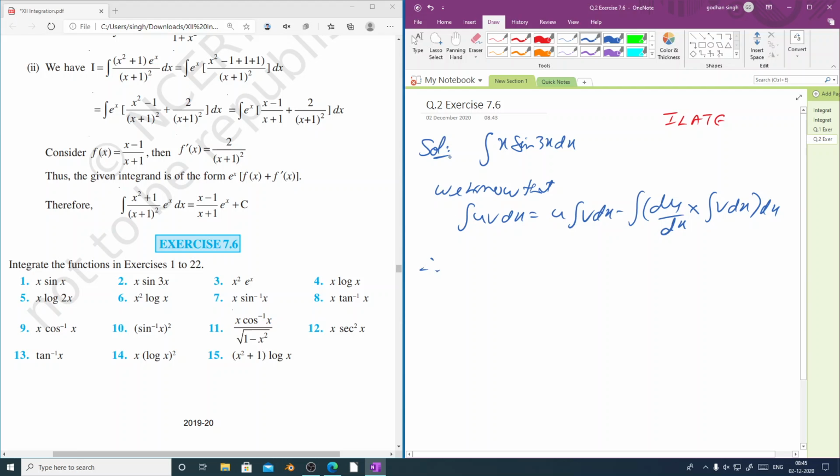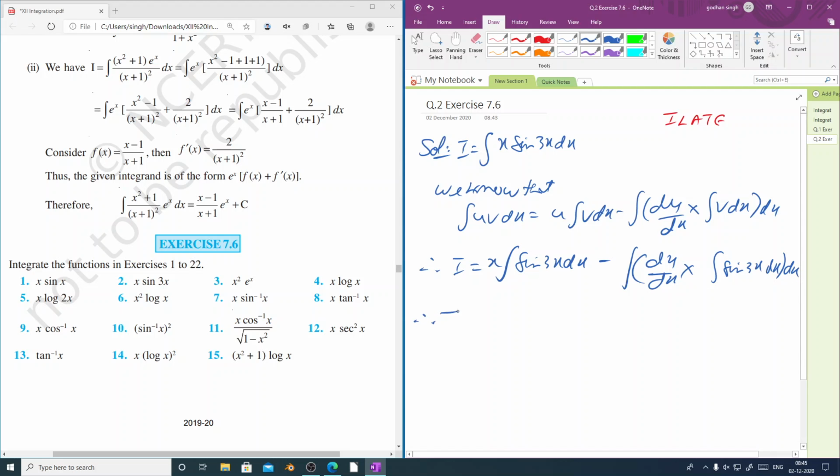So suppose this is I, therefore I equals, just putting this, x integration of sin 3x dx minus differentiation of the first function, that is dx by dx, into integration of sin 3x dx, and this will be dx.